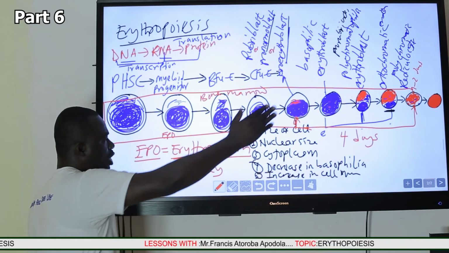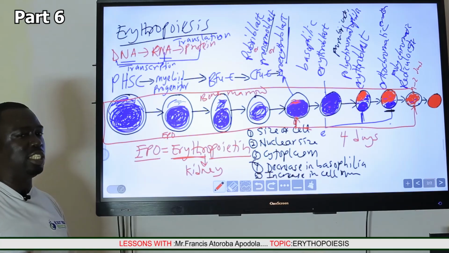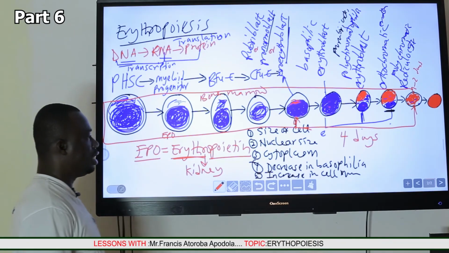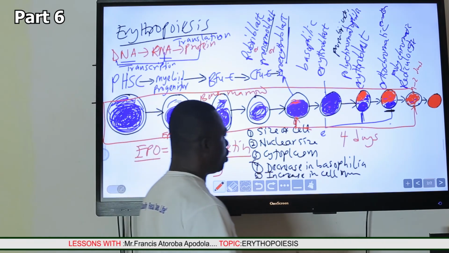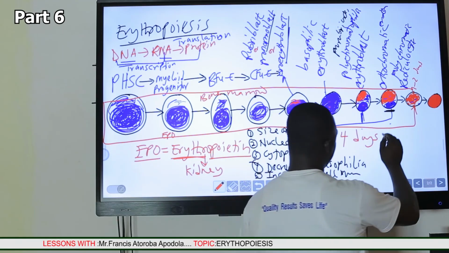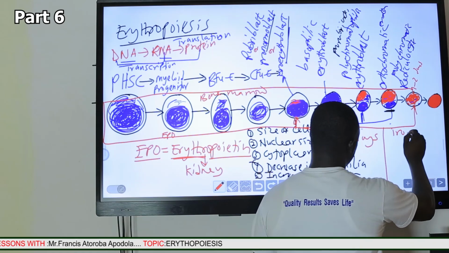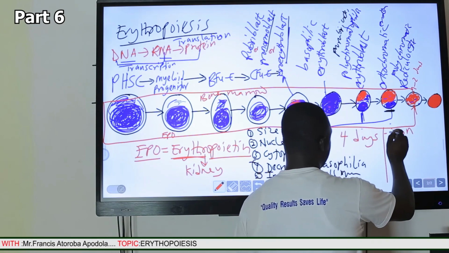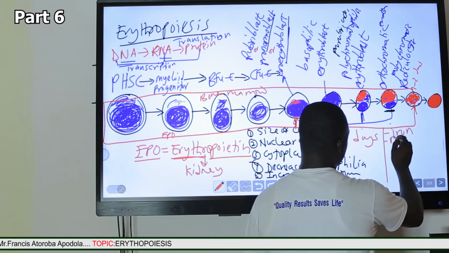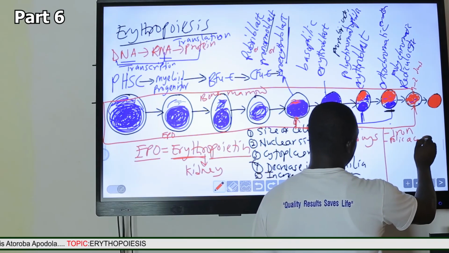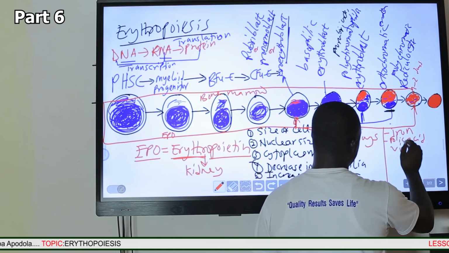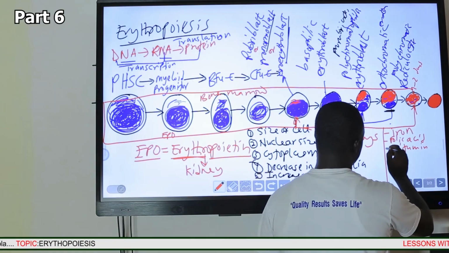Now, for this process to occur, we actually need some raw materials, majorly nutrients. We need iron. We need folic acid. We need vitamin B12.